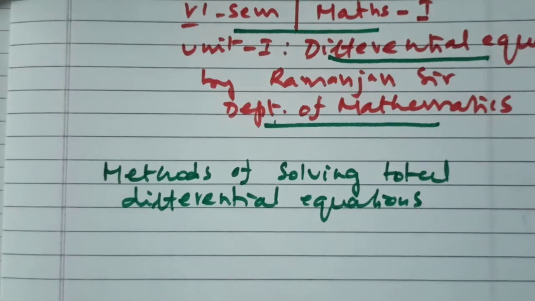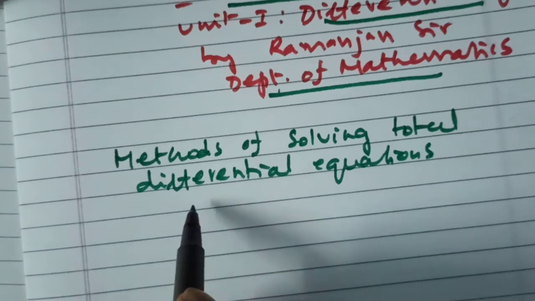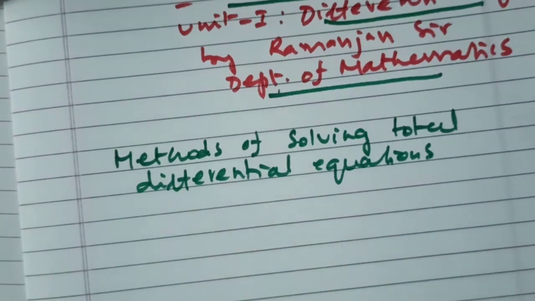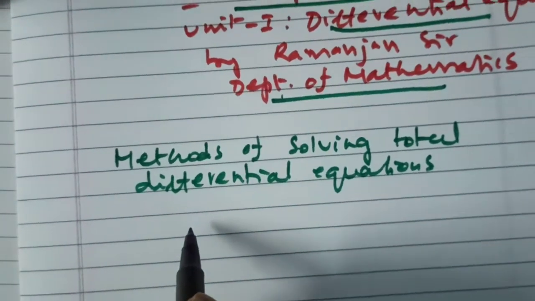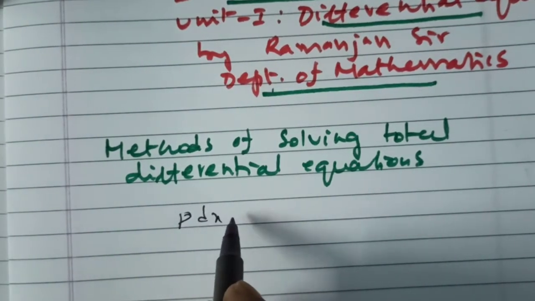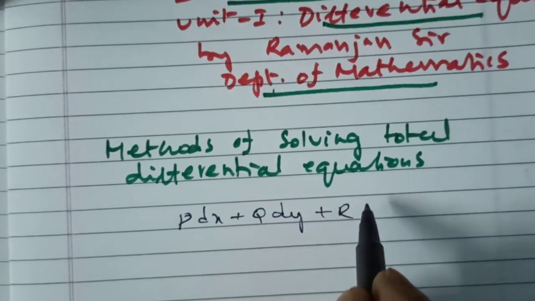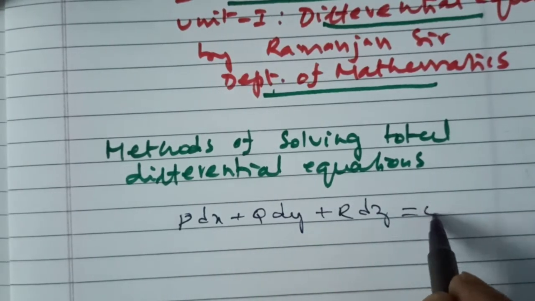Right. So method 1. Equations pdx plus qdy plus rdz is equal to 0.